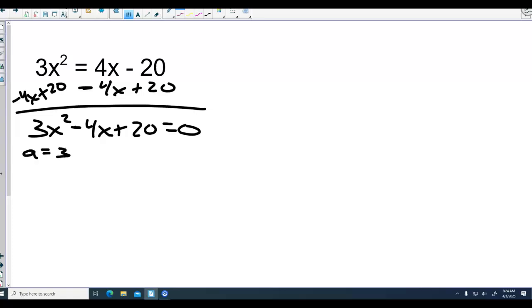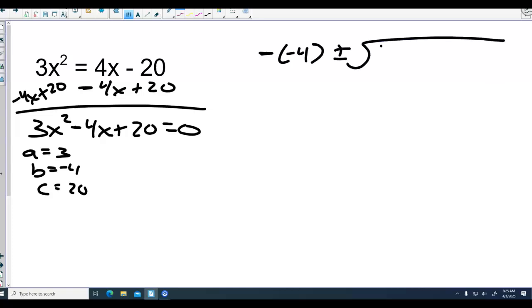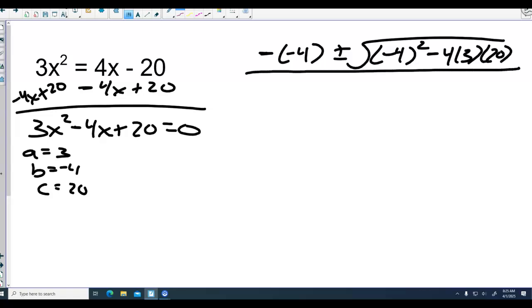My A here is 3, my B is negative 4, and my C is 20. So notice the double negative when you put the B in, and it's negative 4 squared. We're going to talk about that one specifically. Minus 4 times 3 times 20, all over 2 times 3. Negative 4 is a positive 4.